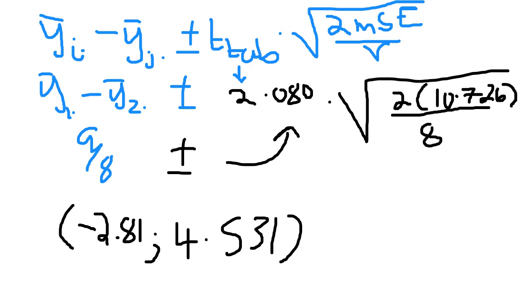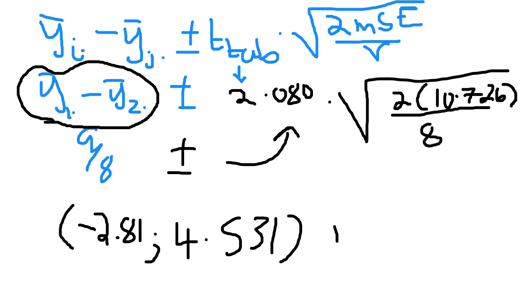So what are you saying about the difference? Is there any difference between mean 1 and mean 2? We're comparing these two now. If the confidence interval includes 0, it means there is no difference between those means. If the confidence interval does not include 0, there is a difference between those two treatment means.